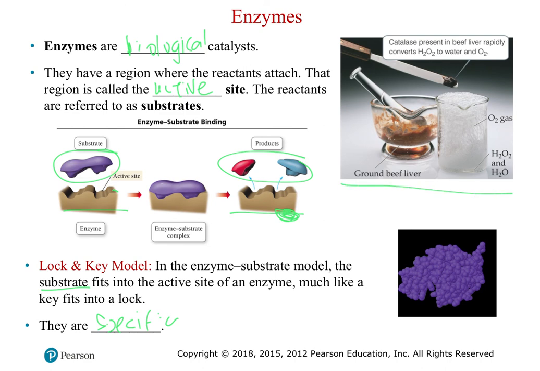And then we have this example here, an enzyme used in lots of things, apparently ground beef liver as well as potatoes, that helps convert hydrogen peroxide into water and oxygen. That's another, more biological way for hydrogen peroxide to be decomposed.